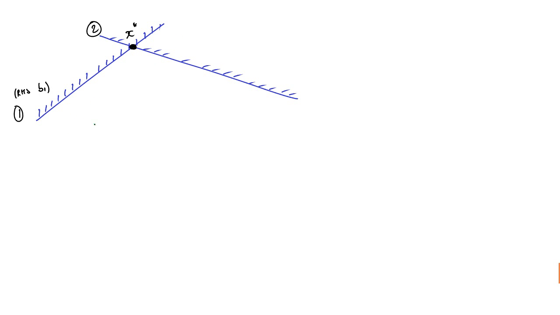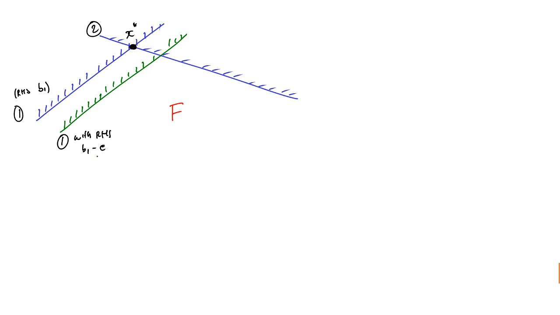Let's try that again. So this is constraint 1 with right hand side b1 minus epsilon. Okay, so what that does is it moves the constraint inwards into the feasible region.